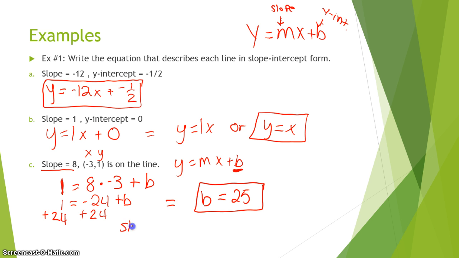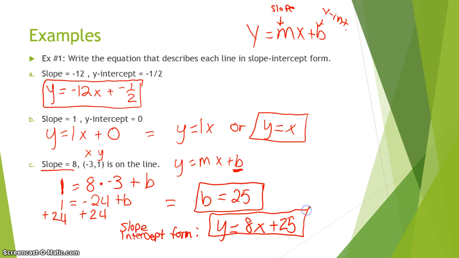It is going to be y equals my slope, m, 8, x, plus my b, 25. So there's really two answers to see here. We found my y-intercept, which is 25, and then we wrote out my final answer in the slope-intercept form, which is y equals 8x plus 25.